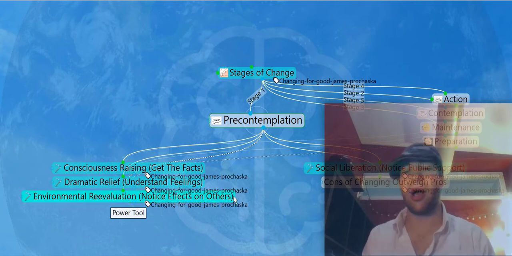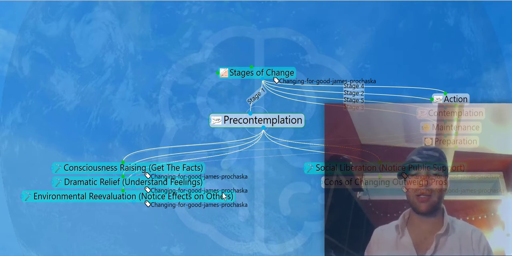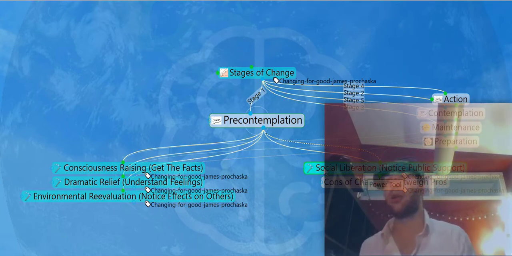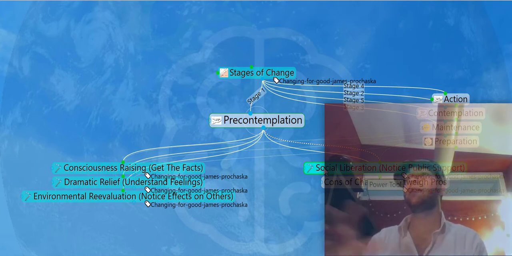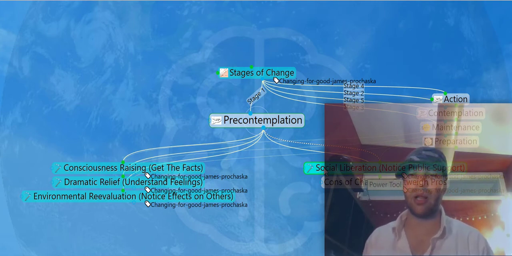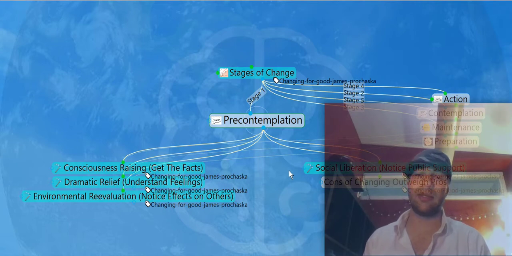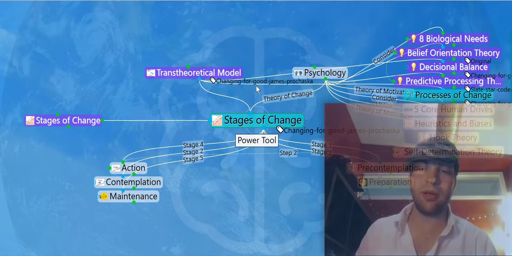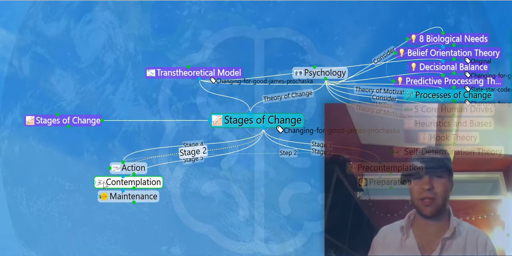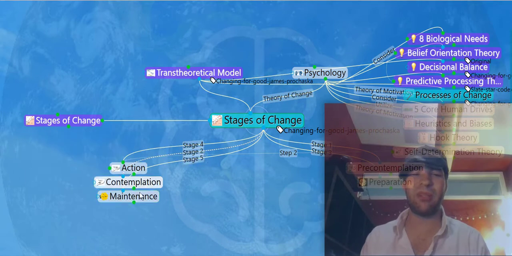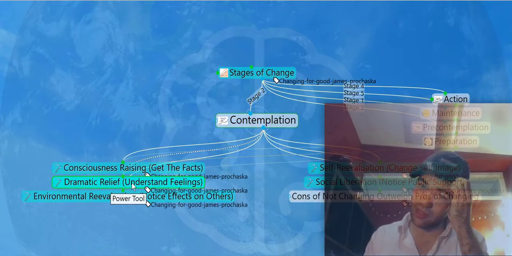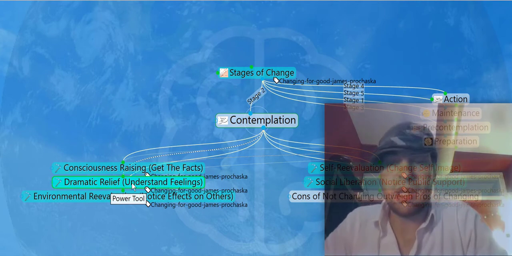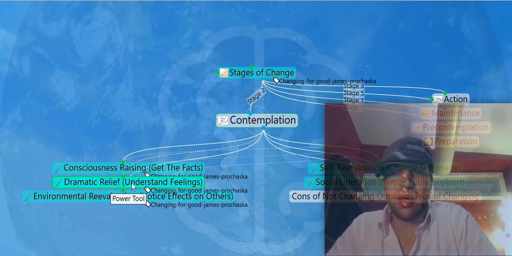The processes of change that work here are the same ones as in the last stage, except there's one important one, probably one of the most important ones, that you add in the contemplation stage, which is self-reevaluation: changing your self-image to be more in line with the new change that you want to make versus the old person who had not changed. And that's when you make that shift, really when you start going from contemplation to preparation.